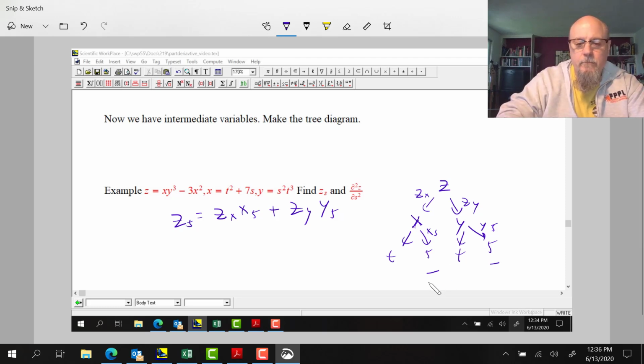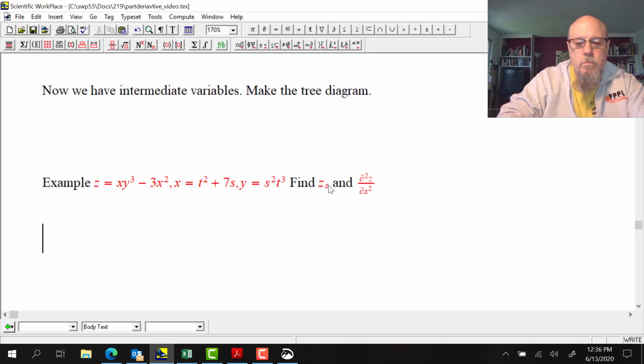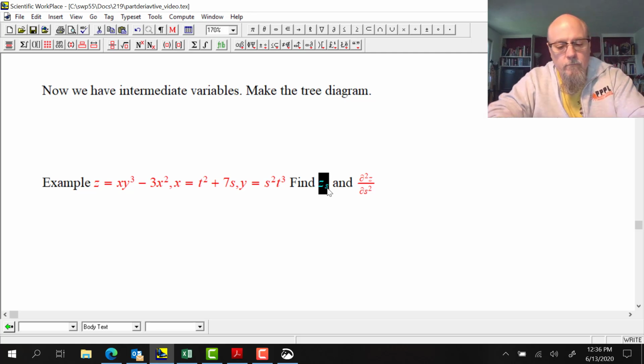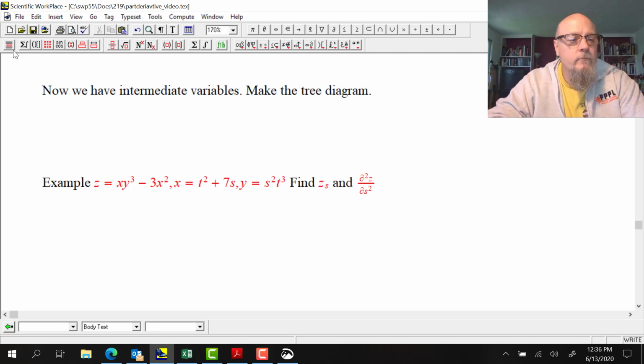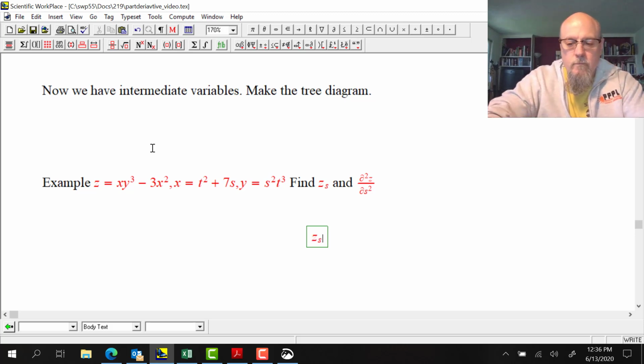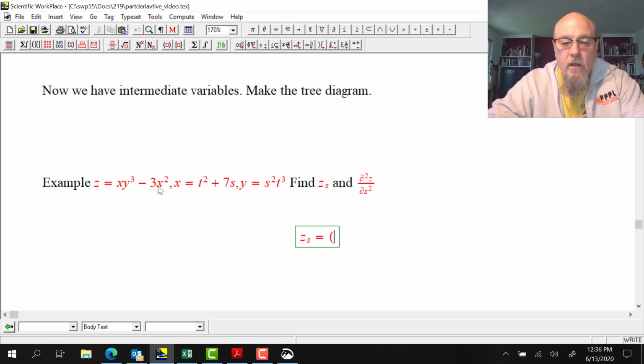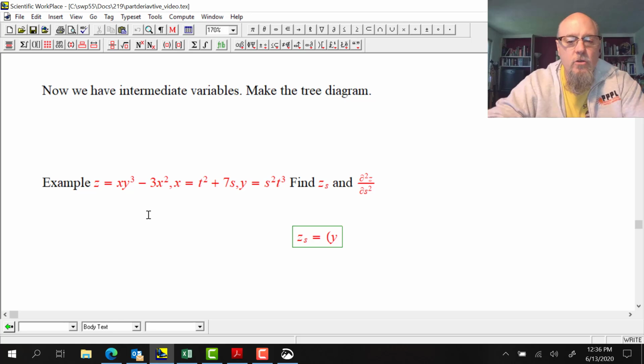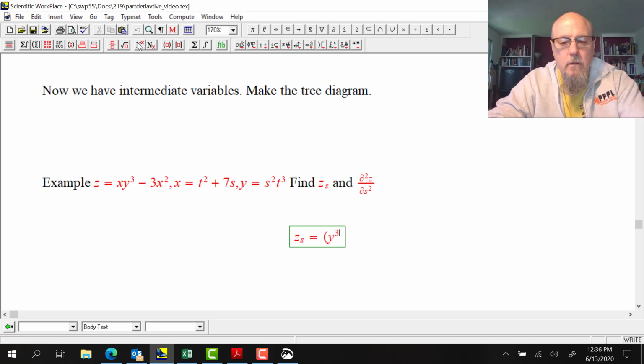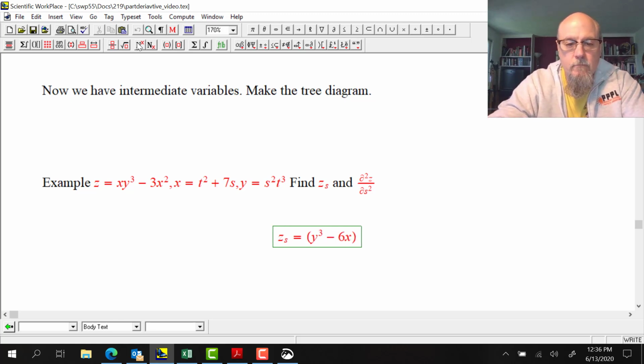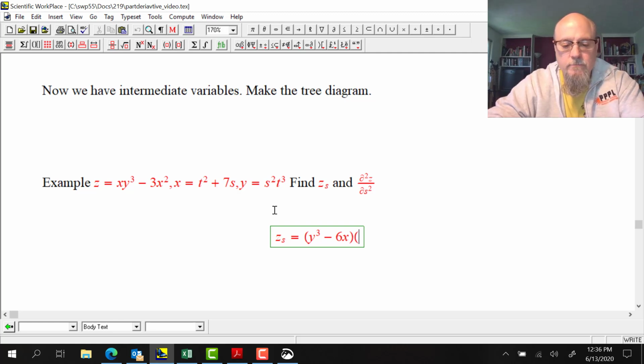All right, let's do this. So I want z sub x, so that would be y cubed minus 6x times x sub s. So the derivative of x with respect to s is just 7.